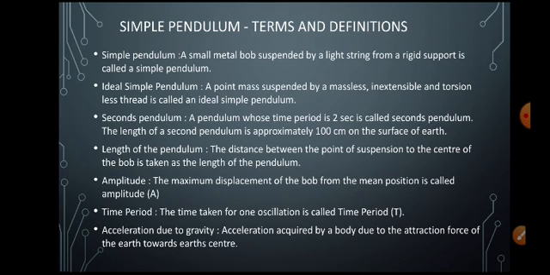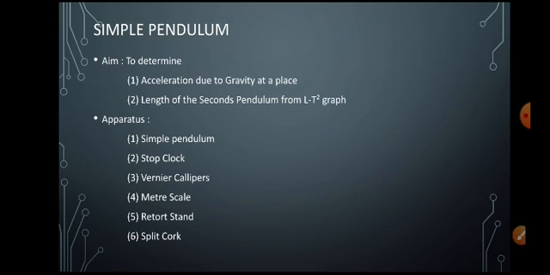So the acceleration acquired by a body due to the attraction of the earth towards the earth's center is called acceleration due to gravity, or gravitational acceleration. This is represented by small g. The unit for gravitational acceleration is meter per second square.